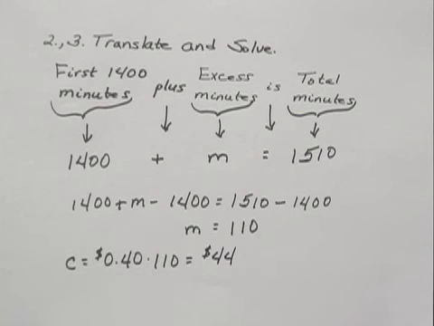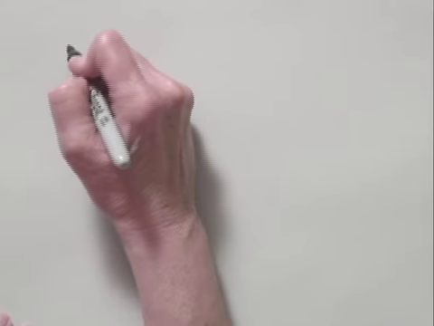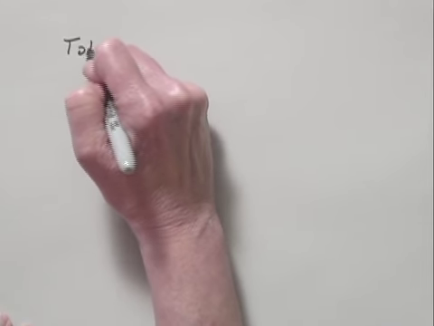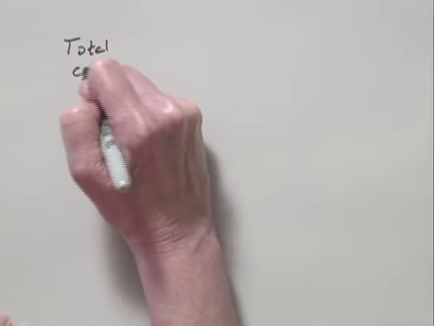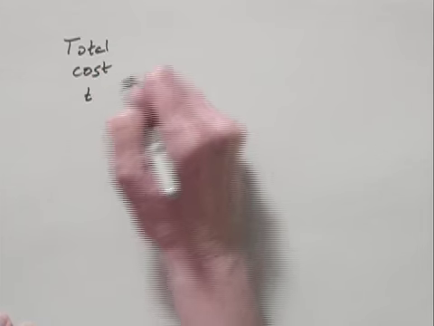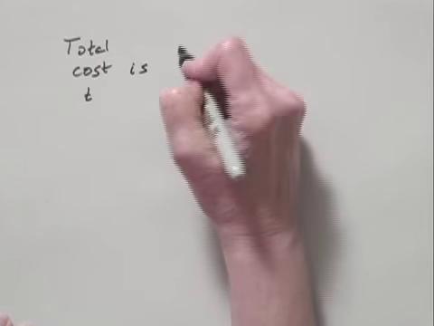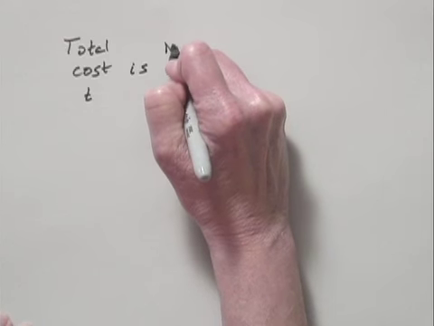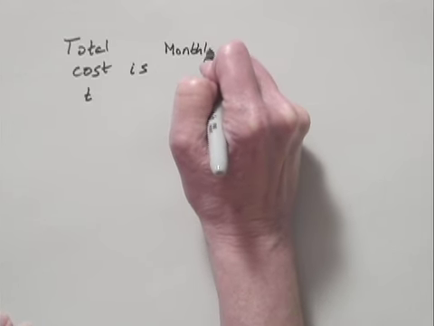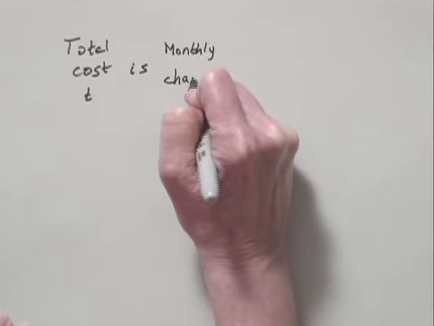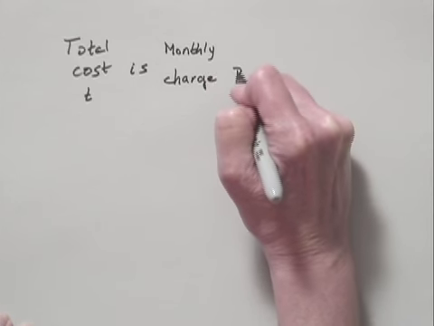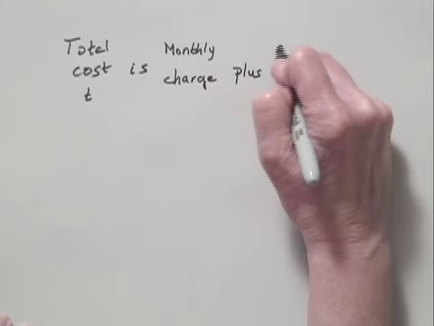Now we need to find the total cost of the phone bill. And the total cost of the phone bill, let's call it T. Total cost T is the monthly charge plus the charge for the excess minutes.